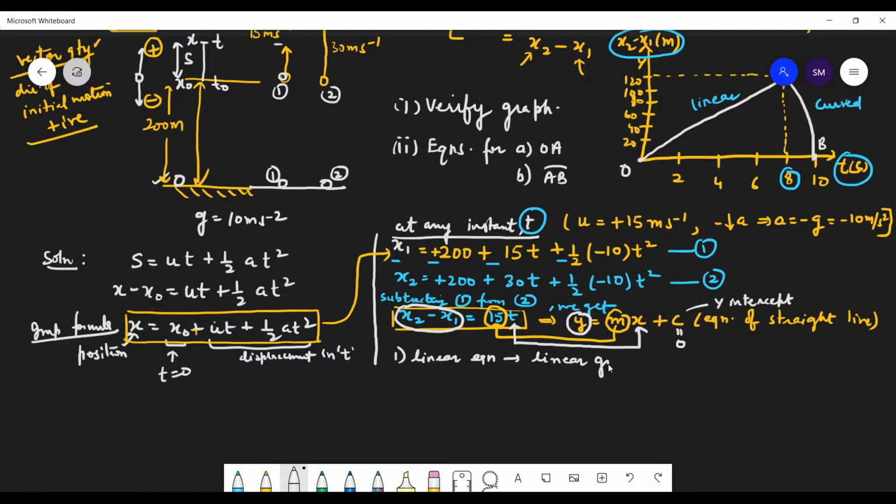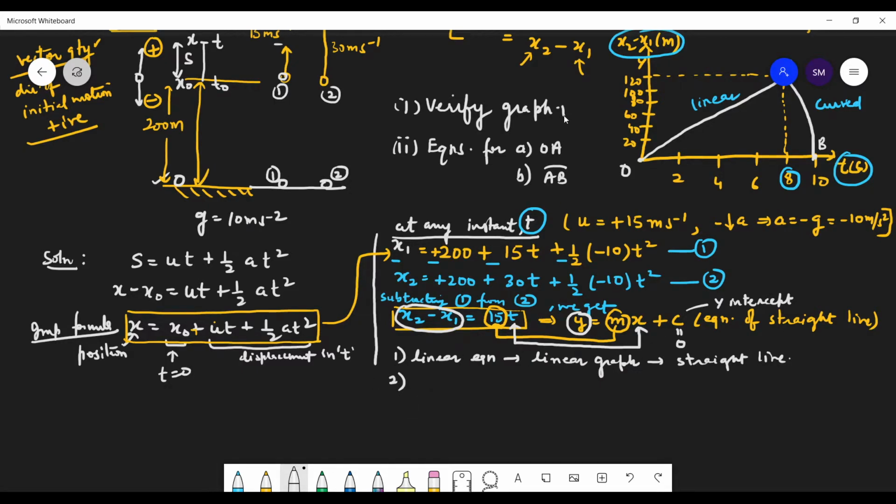Linear graph means what? Straight line. Yes, we get it from this information.